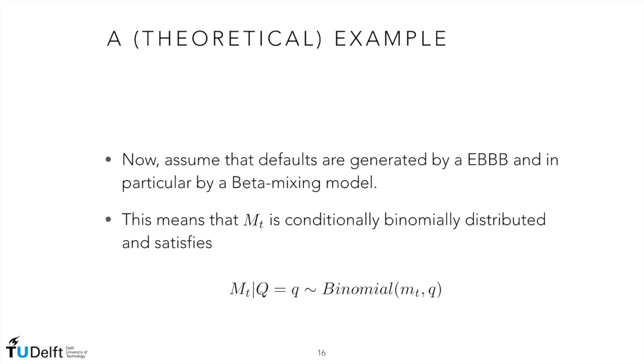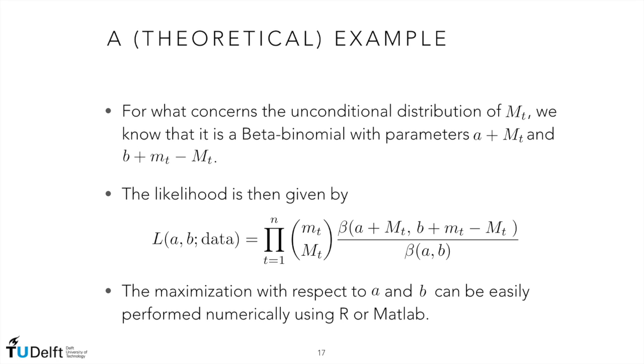If defaults follow an exchangeable Bernoulli mixture with beta mixing, we know that capital MT is conditionally binomial, and the number of defaults in any period is a beta binomial of parameters A plus capital MT and B plus mt minus capital MT. Writing the likelihood is simple, and the estimation of the parameters can be easily performed with MLE.